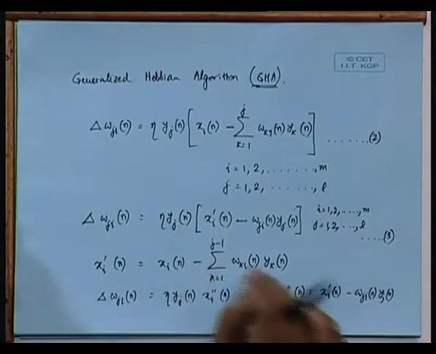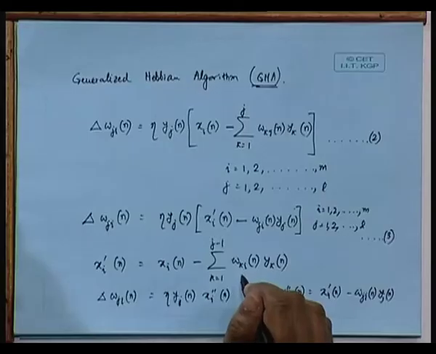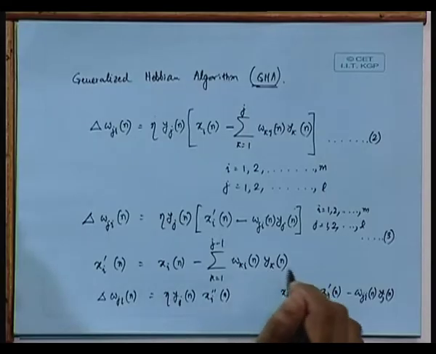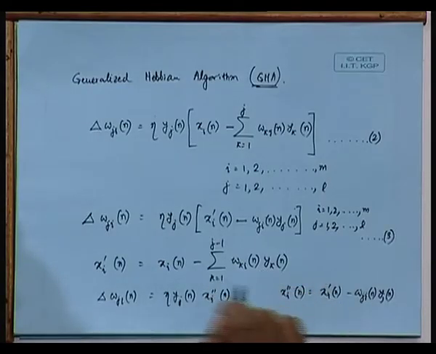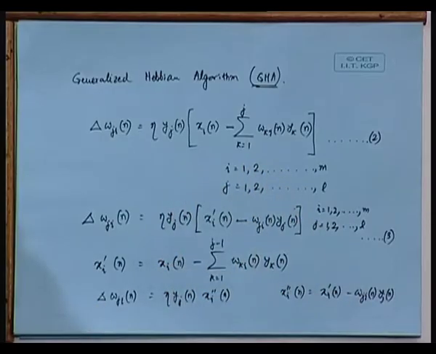From that we subtract the term w2i(n) y2(n), and from that we subtract w3i(n) y3(n). So it will follow in a flow like this.